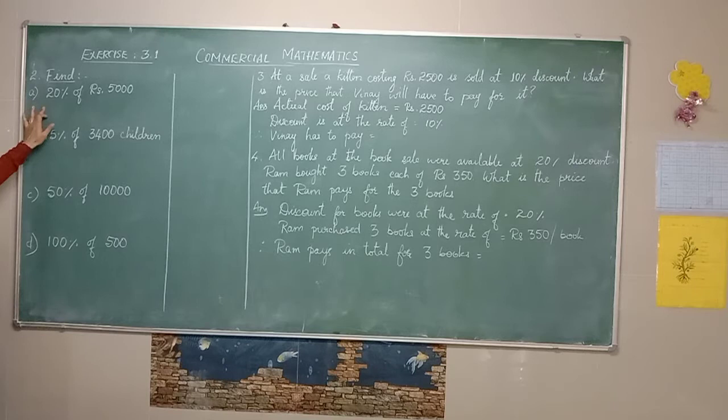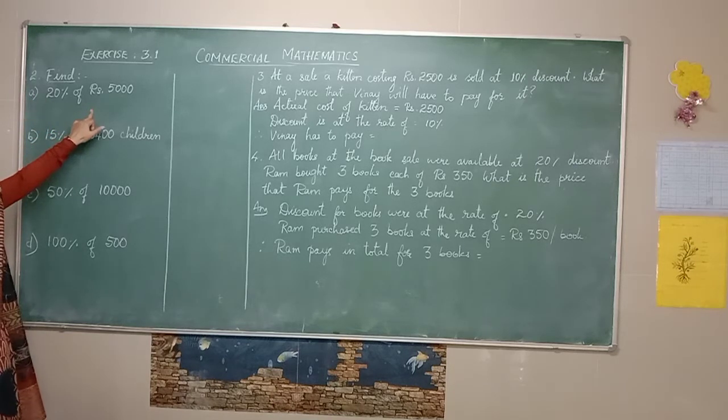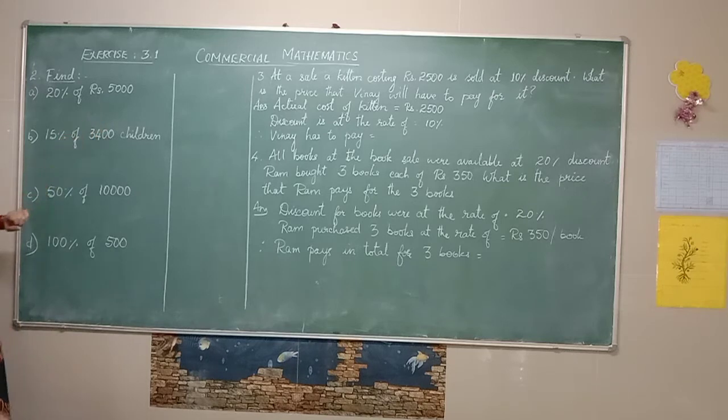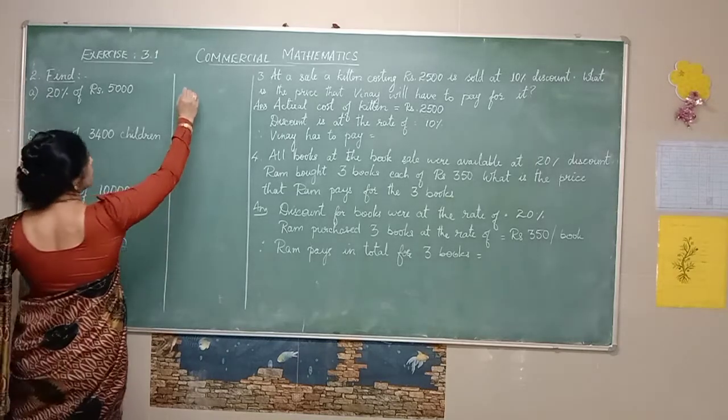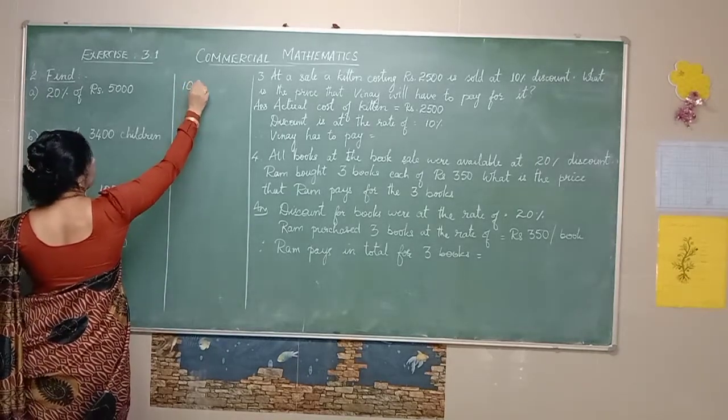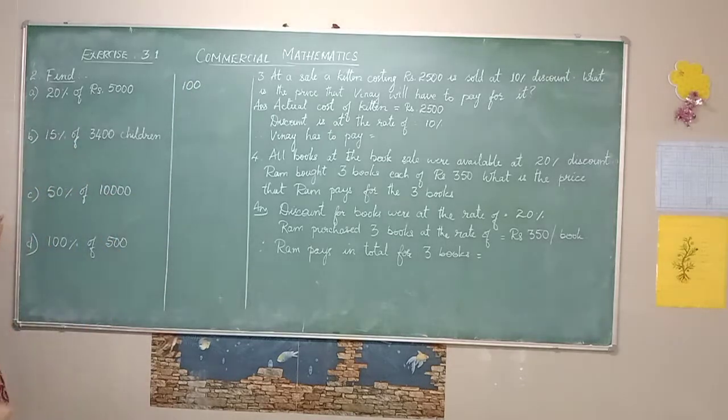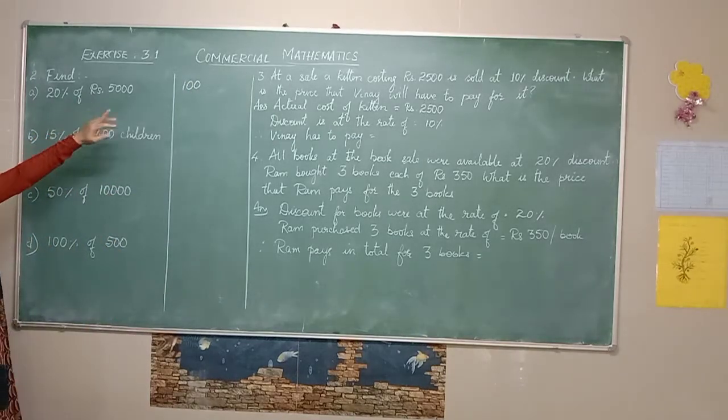Here they have given the question: find 20% of rupees 5,000. When it is given as 20%, you should always remember that percentage means it is calculated for rupees 100. Here, because rupees is given, you have to calculate for 100.